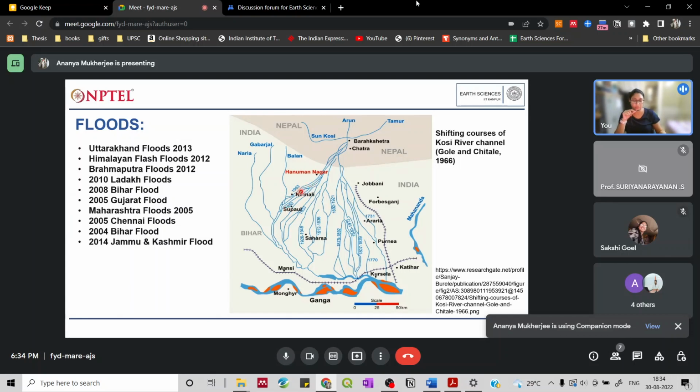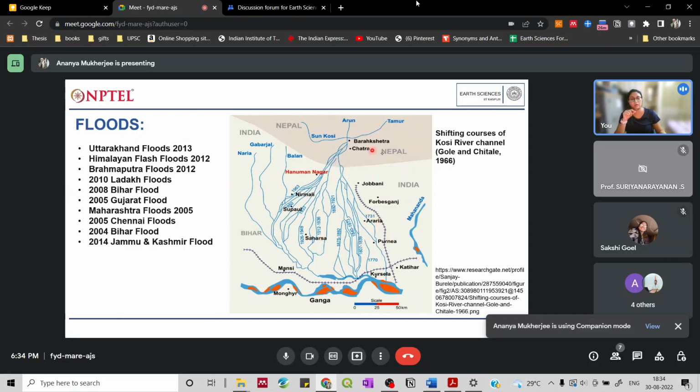These years actually mention the position of the river Kosi, the path the river Kosi has been taking. So with years you can see that the river course changes its position.